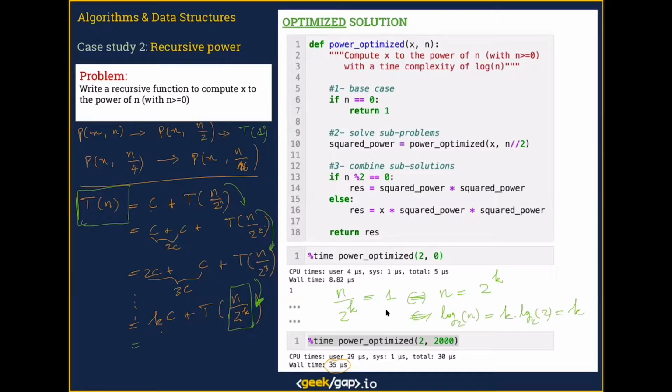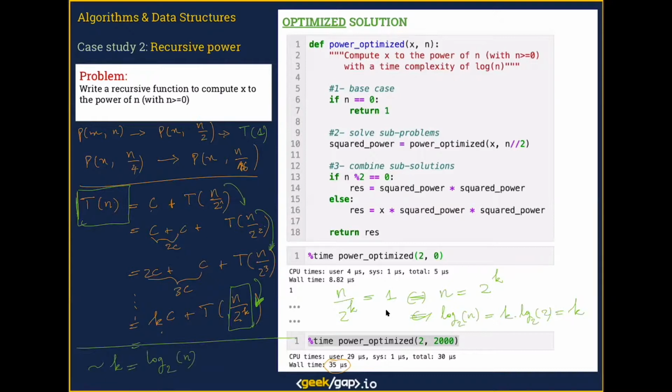So it means that the time complexity, because actually we are looking for the number of steps it takes for us to solve the problem, is k equals log 2 of n. And this is our time complexity for this problem.